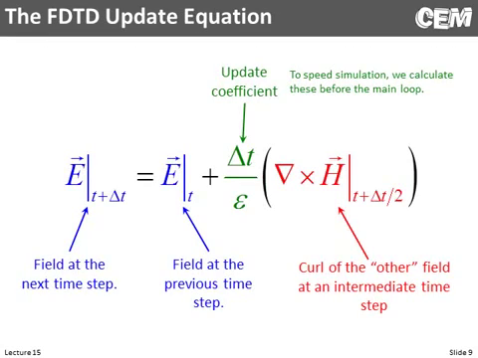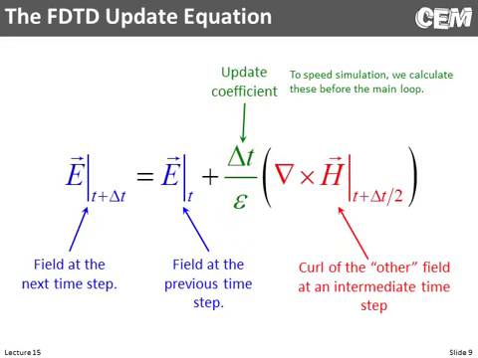So here's the anatomy that we talked through on the last slide. Our future time value is somehow based on a previous time value and the curl. And we'll call this the update coefficient. Notice these are constants. They don't change with time, so it makes sense that we would calculate this ahead of time.